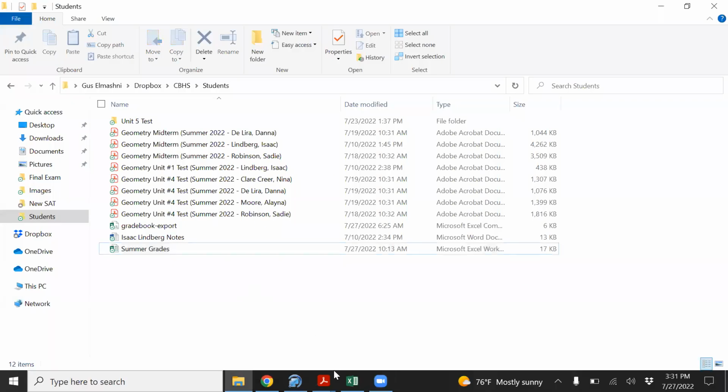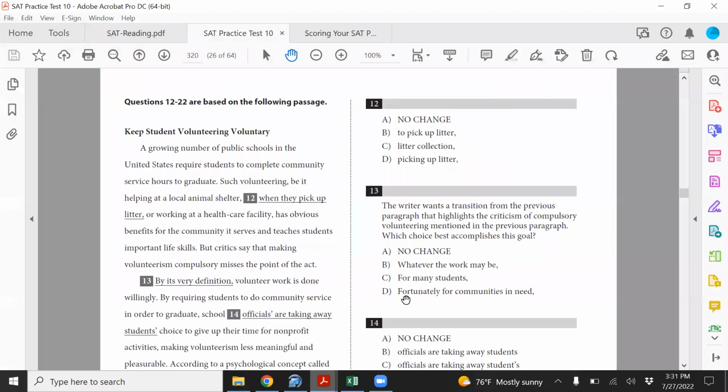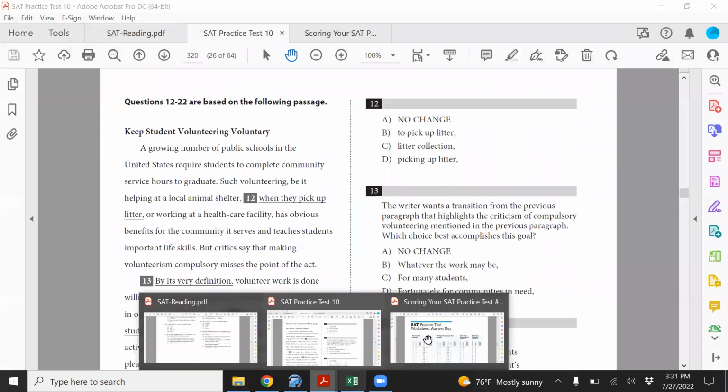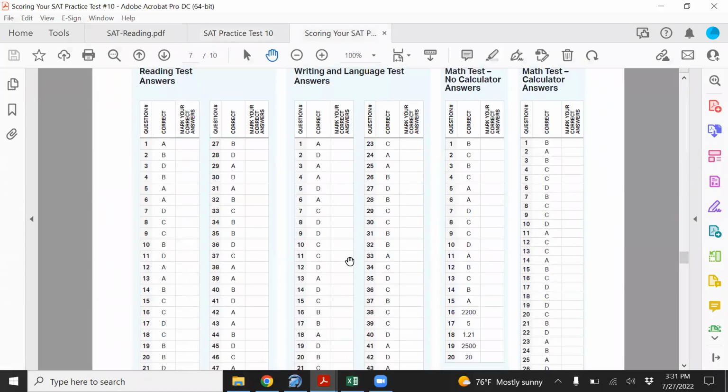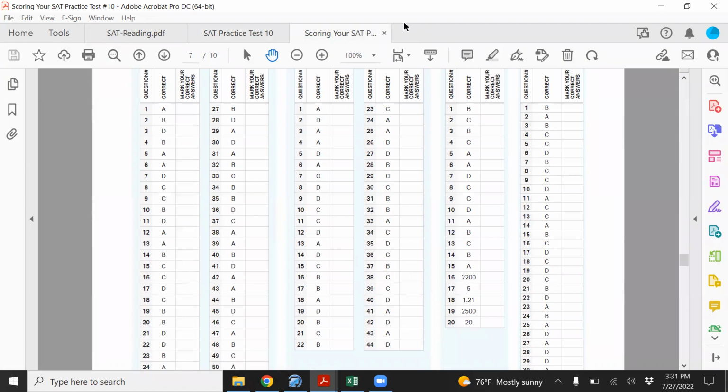There we go. Okay, it didn't work last time. Okay. All right. The answers for these are right here. 12 through 22. Oh, you can't see my screen.